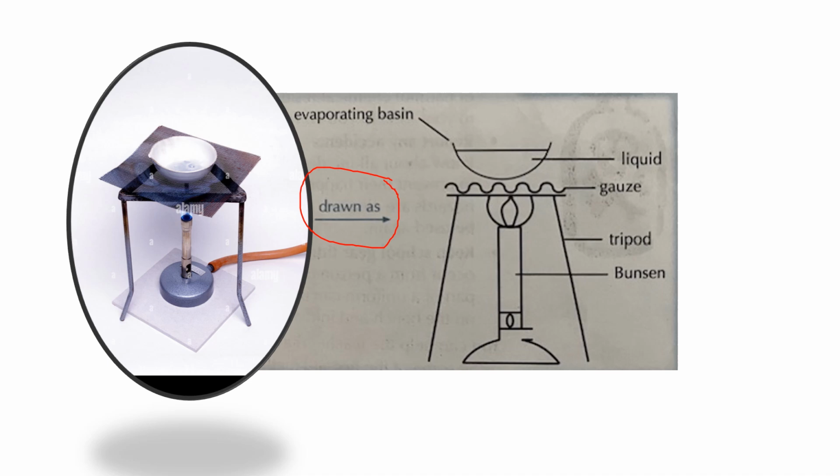Then to make it perfect, you need to label. When you are labeling, you just point out with a nice straight line, taking it to one side. Are you going to label like this, right here, tripod? No, no. It's not necessary and it's not a scientific way. You just point it out with a nice little straight line. Okay, you are not going to cross lines with each other.